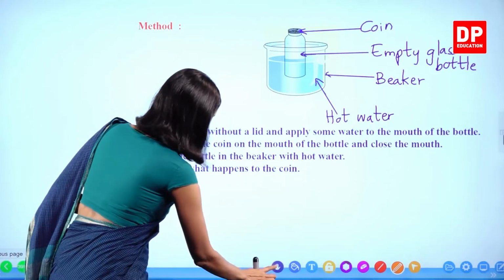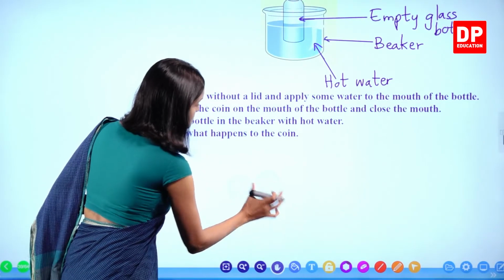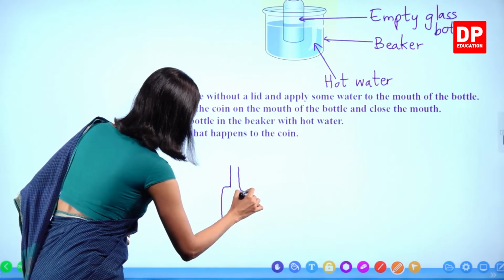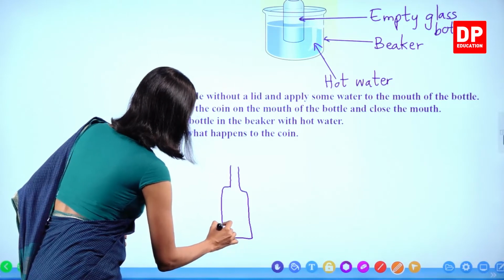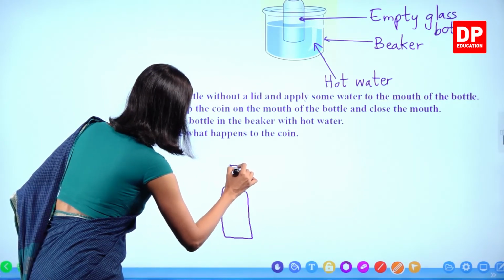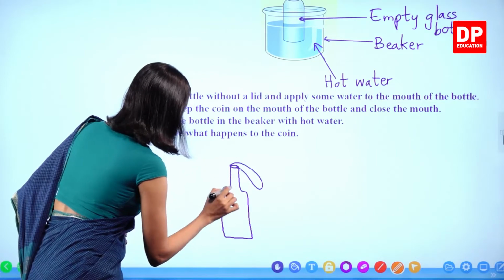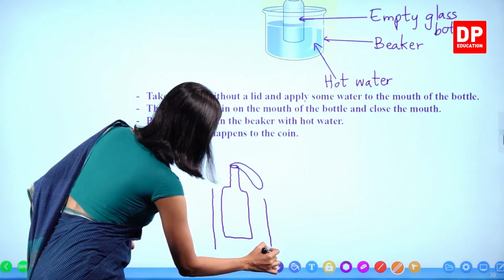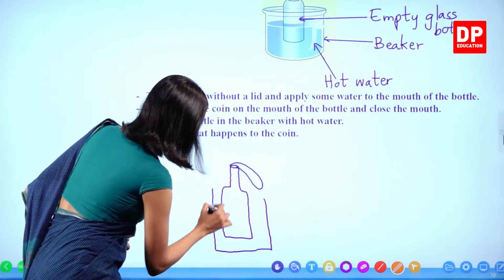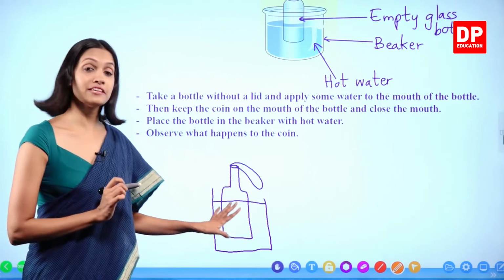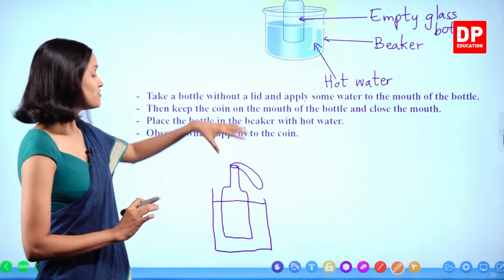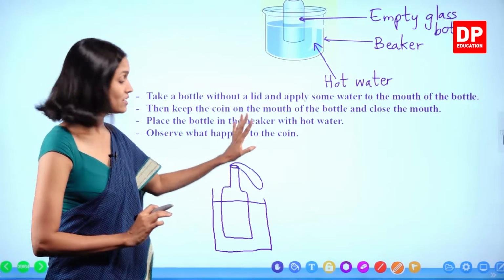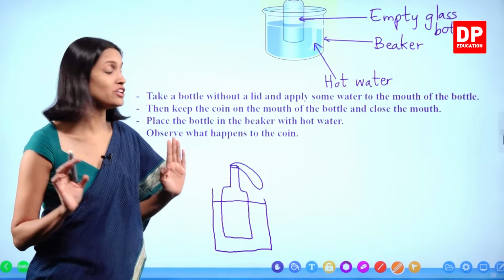We'll draw a small diagram here to show that one. So we took another glass bottle, and then we fixed a balloon to its mouth. And then we immersed this empty glass bottle with a balloon in a hot water beaker like this. What did you all observe?